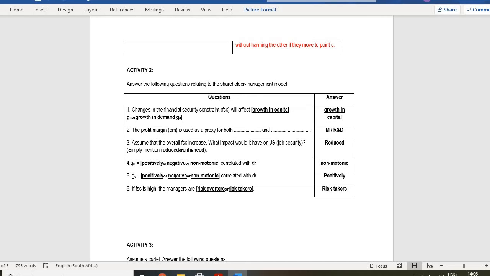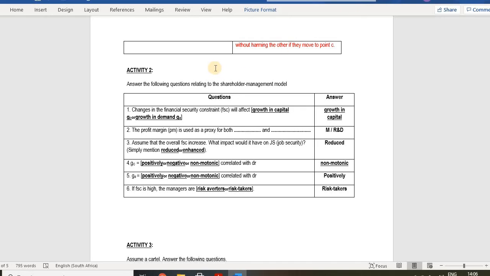Okay, this one you can also refer to your textbook. It is there on your textbook. I'm not sure about the page, but it's just before the growth in demand. Just before that. On that page, you'll see it. Okay, let's do this one.